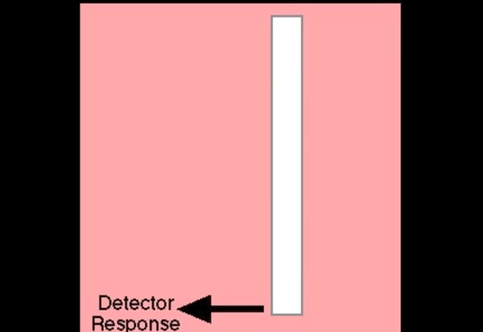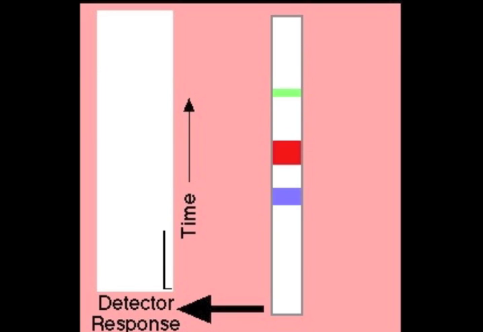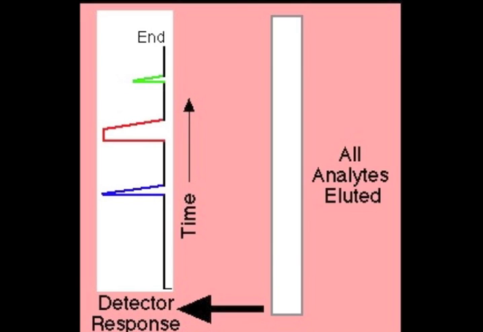The sample is then processed by an integrated detector called electron capture, in which the detector response is reflected on a chromatogram. As the different compounds pass through the column and interact with it, they will be eluted according to their interactions with the stationary phase. The analyte which has weaker interaction will be eluted first, followed by the stronger ones.